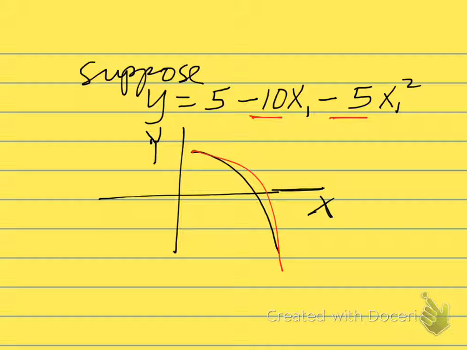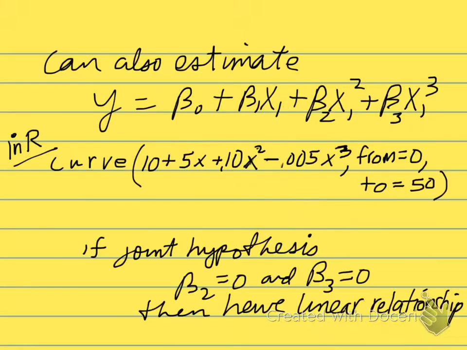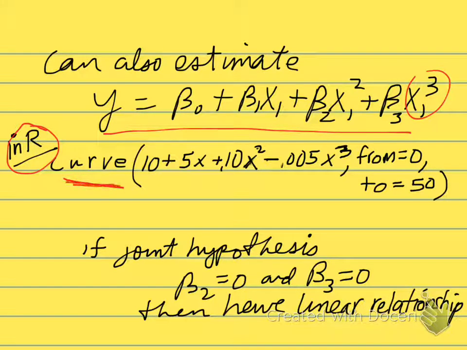Now, we can also estimate a cubic function, so we can have x1 to the cubic power. And if you want to visualize what that would look like in R, you can use the curve function, which is part of base R, and then just put in numbers 10, 5, 0.10, and 0.005, and type it exactly the way that I've written it here.